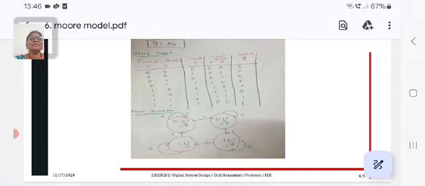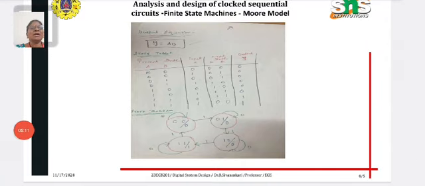So this is the main difference between the Mealy model and the Moore model.